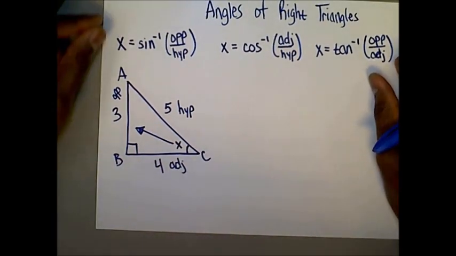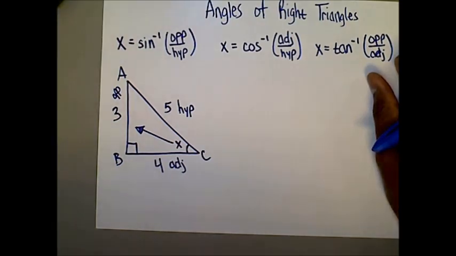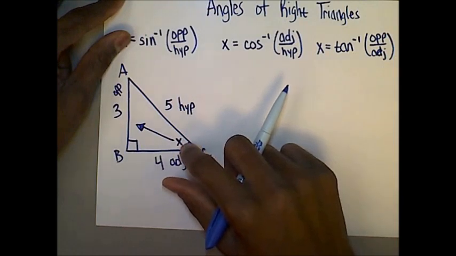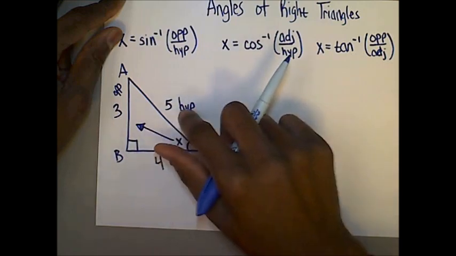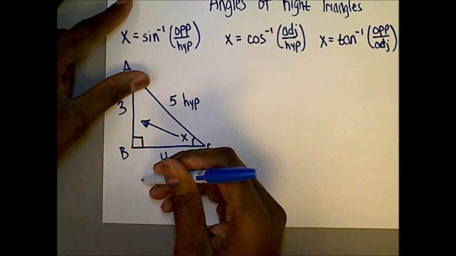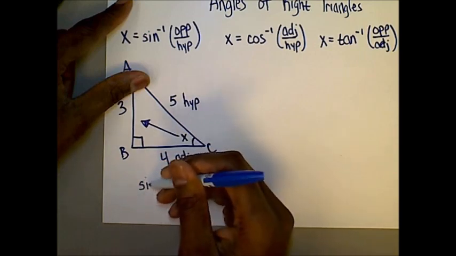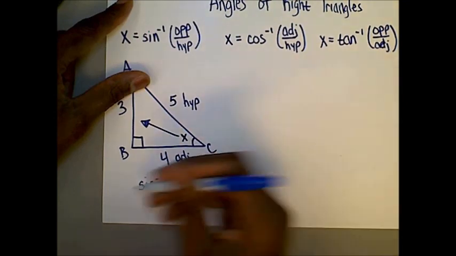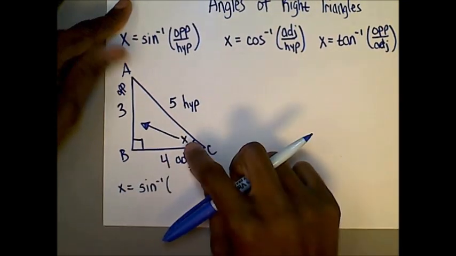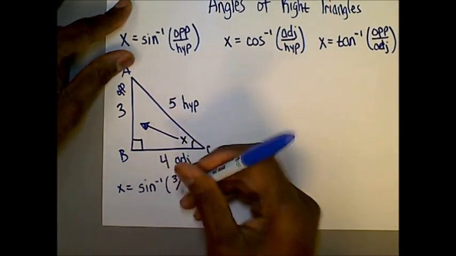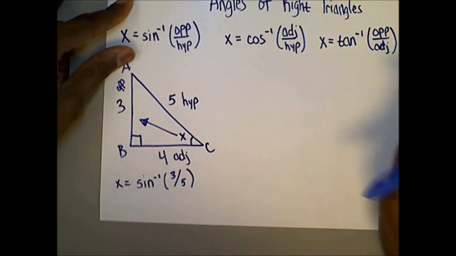But let's say I want to use the sine inverse, okay? So, if I want to know what this angle right here is, I'm going to use the sine inverse, which means I'm going to use the opposite and hypotenuse sides. So, in my calculator, but I'm going to set it up here first, I'm going to find the sine inverse. Okay, x is equal to the sine inverse of the opposite side, 3, over the hypotenuse, which is 5.